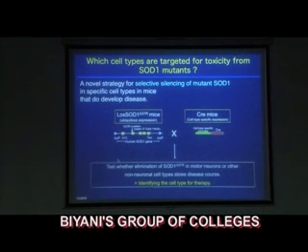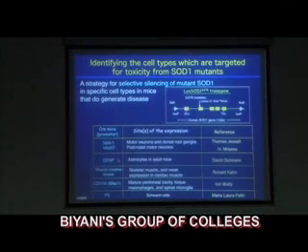Then we may be able to test whether elimination of the mutant in motor neurons or other individual cell types really slows the disease progression.